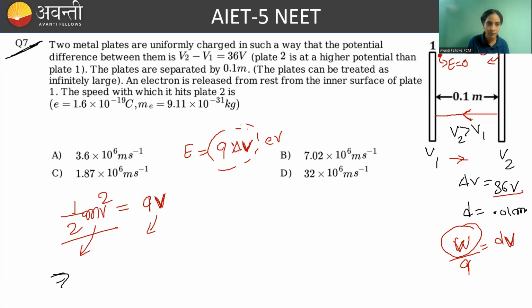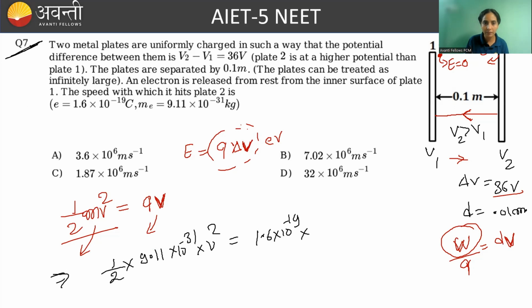Let's do this work. Now half into mass of electron is how much? That is 9.11 into 10 to the power minus 31 into V square will be equal to how much? Put the value of e, 1.6 into 10 to the power minus 19 into delta V, that is your 36. So this is going to be the value. Now we need to find the value of V. Now you carefully solve this.